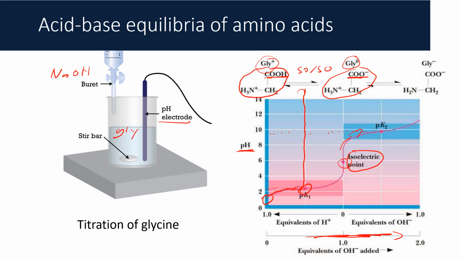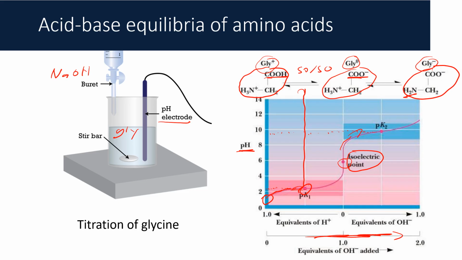At the final endpoint, after 2 equivalents of hydroxide was titrated, we are now left with a fully deprotonated form of glycine, where we lose the positive charge on the amine and retain the negative charge on the carboxyl, giving us a glycine with a net -1 charge.